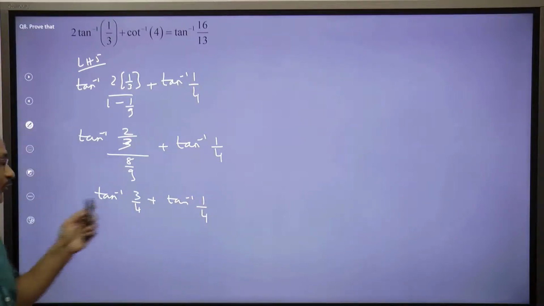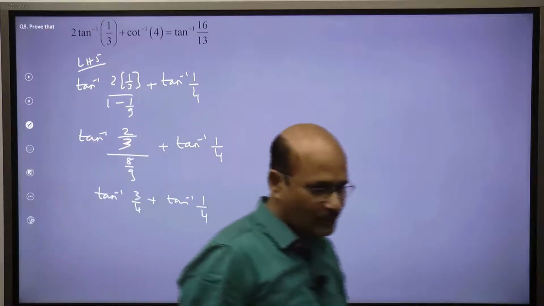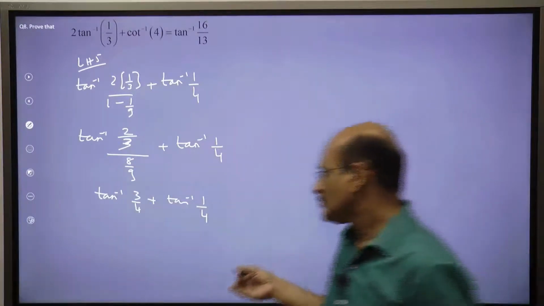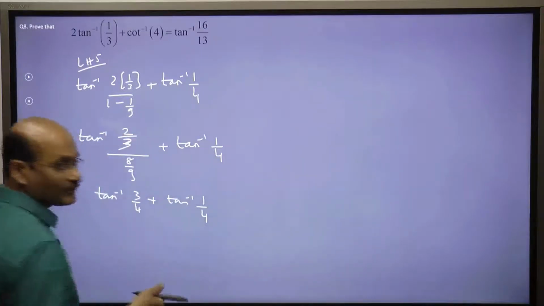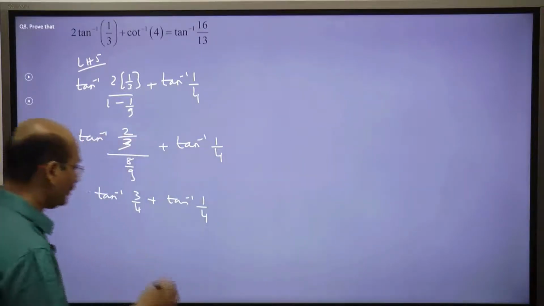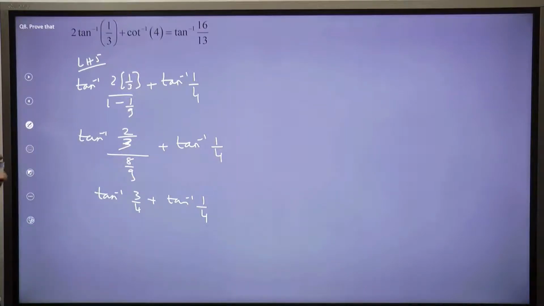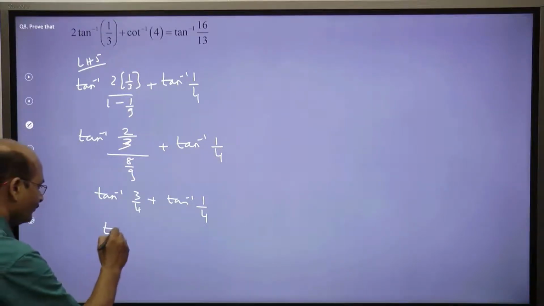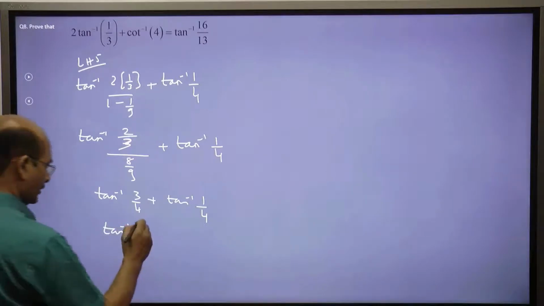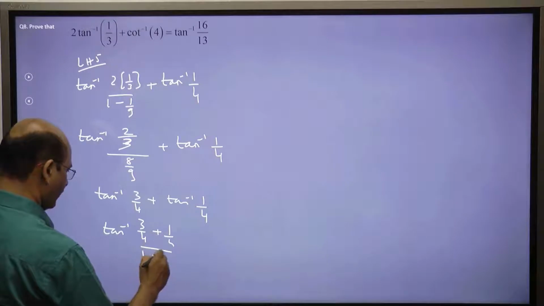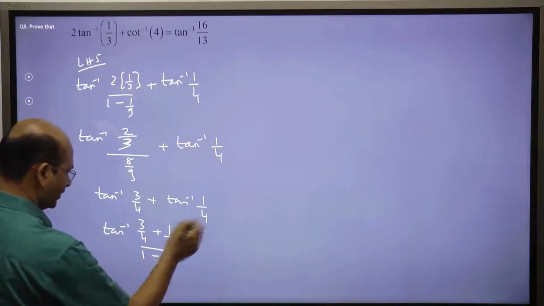So what you feel is this. I pretend that I have to work out tan inverse x plus tan inverse y. So I can do it further now. Tan inverse x plus tan inverse y, I showed you, this will become tan inverse x plus y upon 1 minus xy.